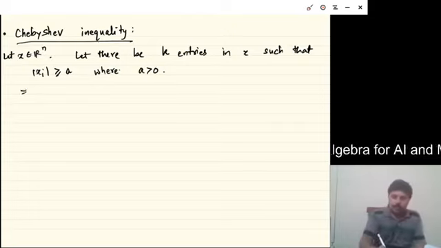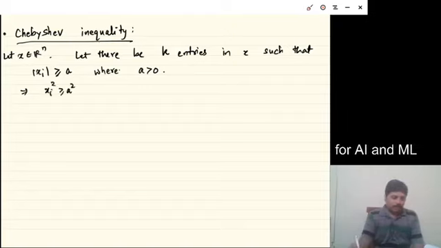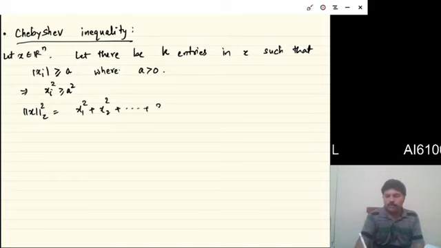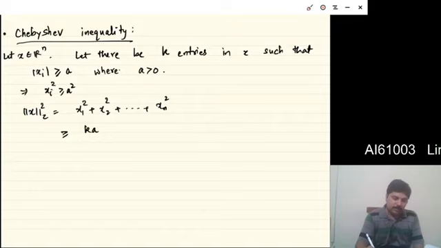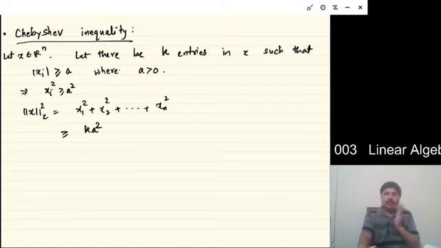If that is true, then obviously xi square is bigger than or equal to A square, and if that happens, then norm of x square, which by definition is x1 square plus x2 square plus up to xn square, is clearly greater than or equal to k times A square, because at least k of the entries are bigger than or equal to A square by the assumptions we have made, and the remaining entries are non-negative.